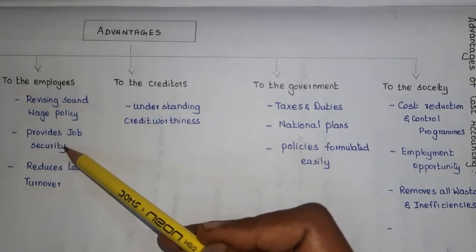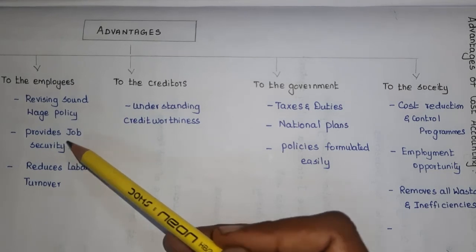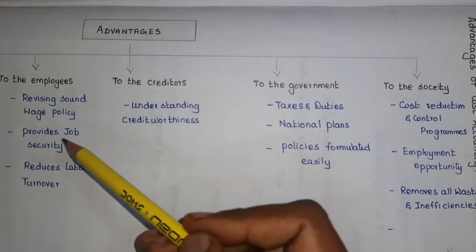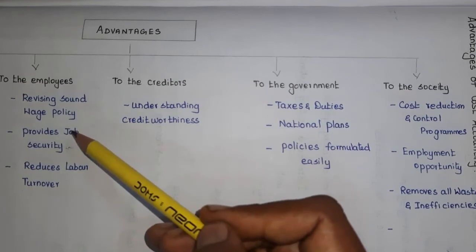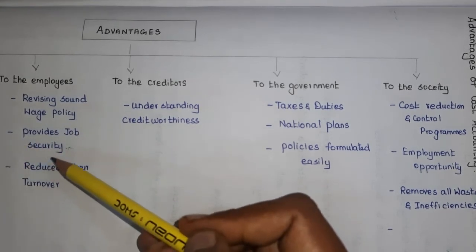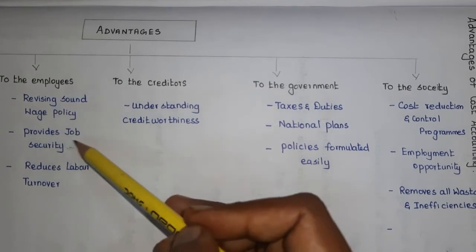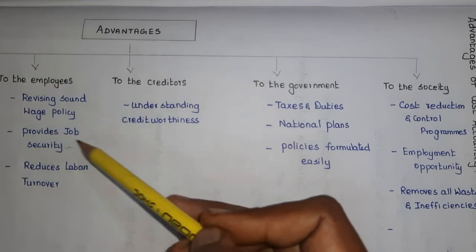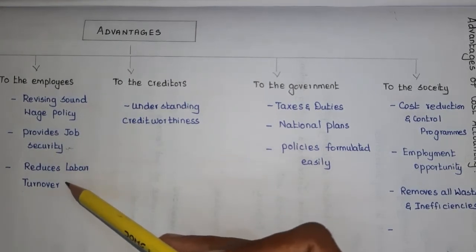The next point in advantages to the employees is it provides job security. A good cost accounting system enables increased productivity and profitability of firms. It helps firms withstand in the market. This leads to continuity, which will enable security of jobs.